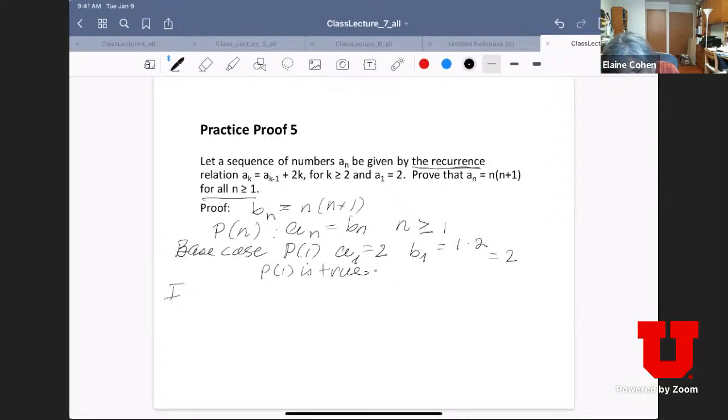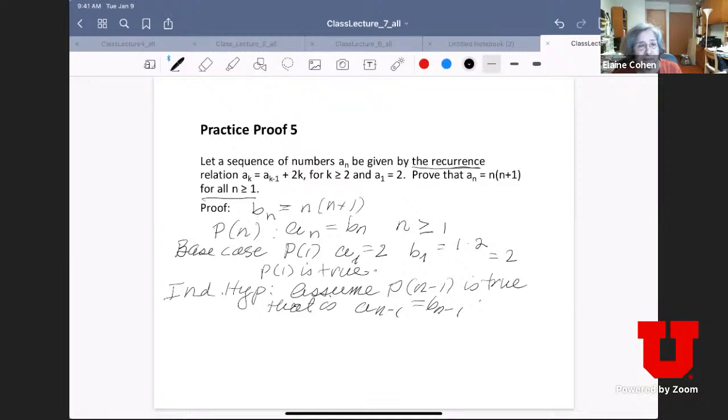Induction hypothesis. Assume P sub n minus 1 is true. That is, that a sub n minus 1 is equal to b sub n minus 1.